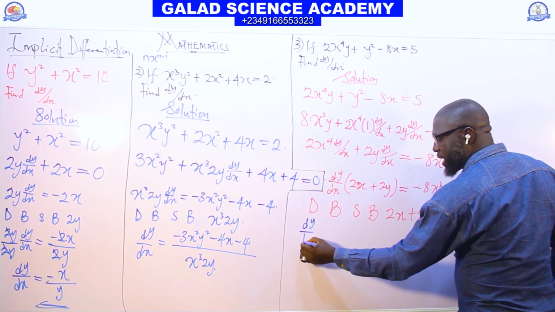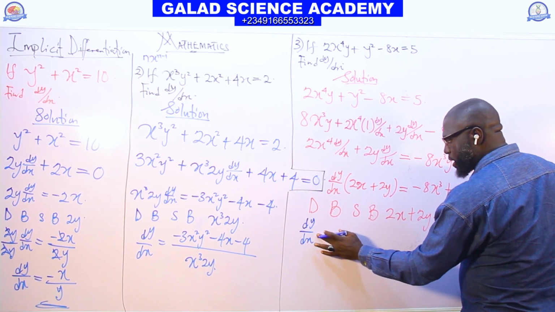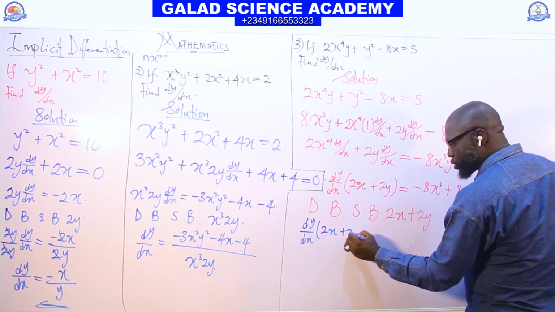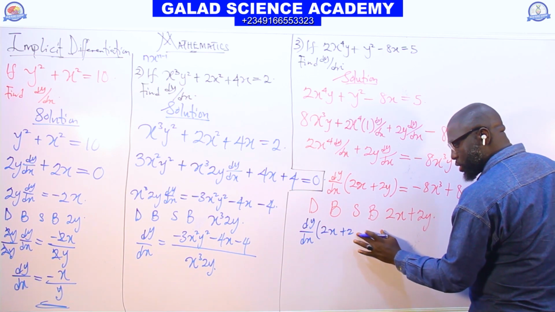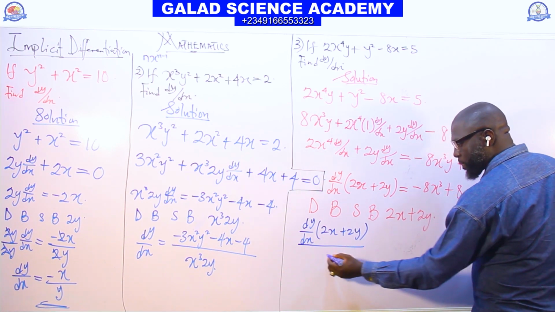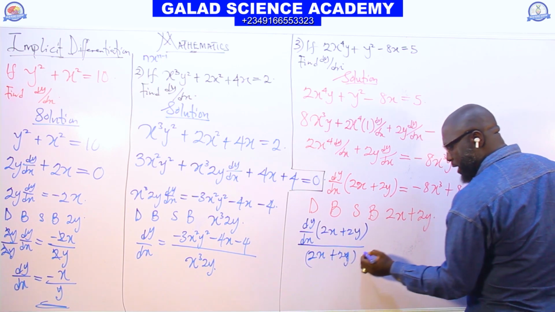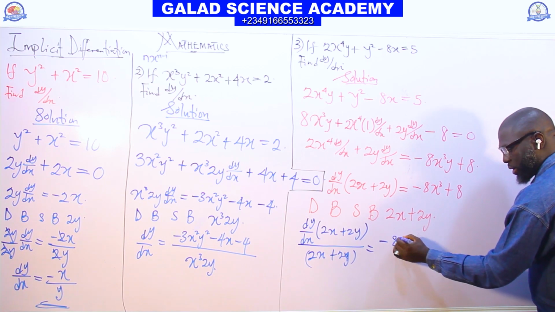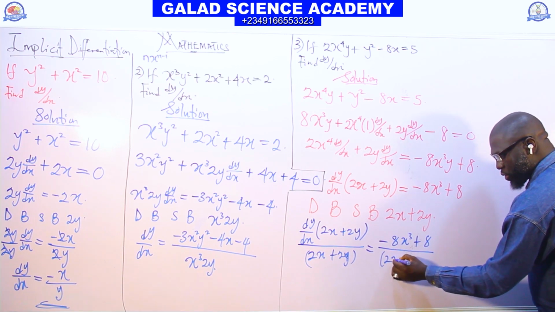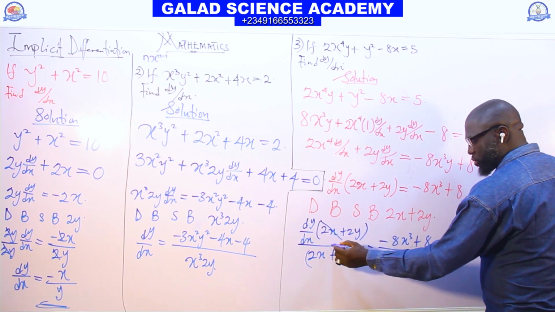So by doing that, we arrive at dy/dx times 2x plus 2y, everything over 2x plus 2y, is equal to minus 8x cubed plus 8 over 2x plus 2y. Good. This will cancel this.